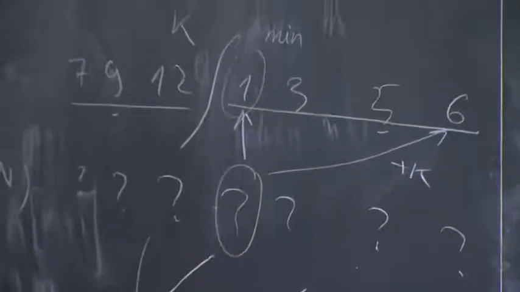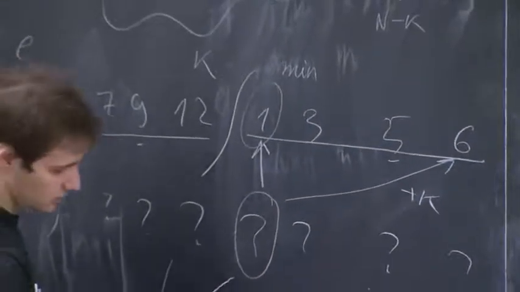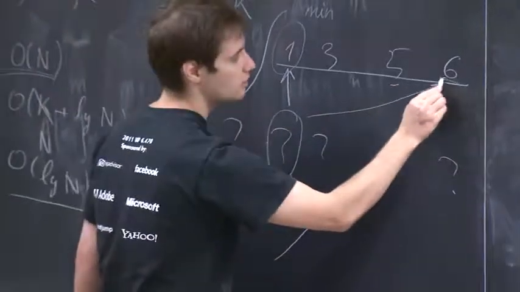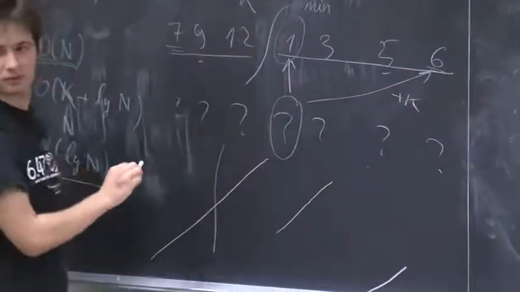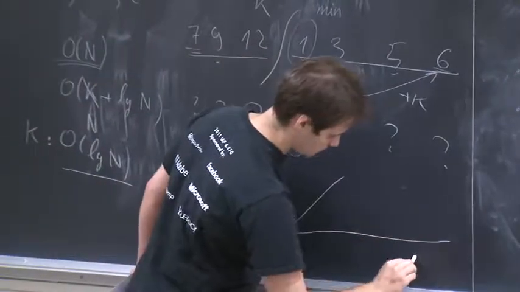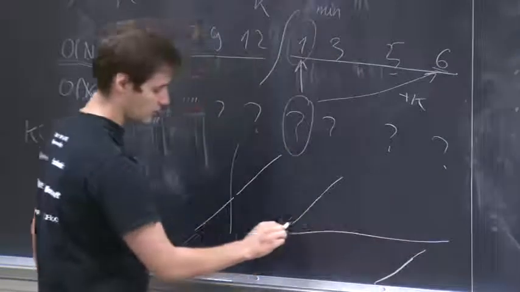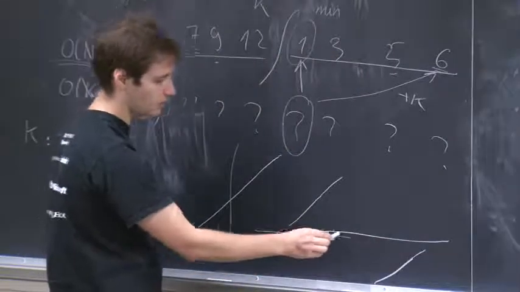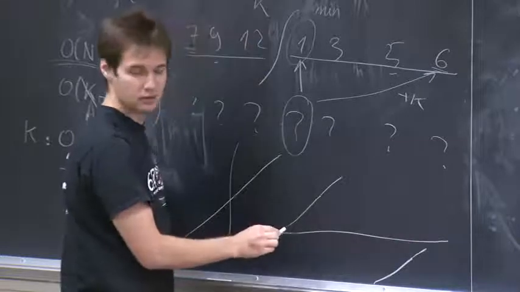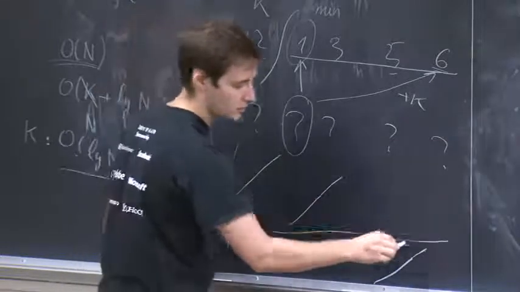The missing part, which I just heard now, is that since the whole array was originally sorted, this guy is smaller than this guy. So if I draw a horizontal line somewhere, this will not cross it. This whole thing is taller than this.